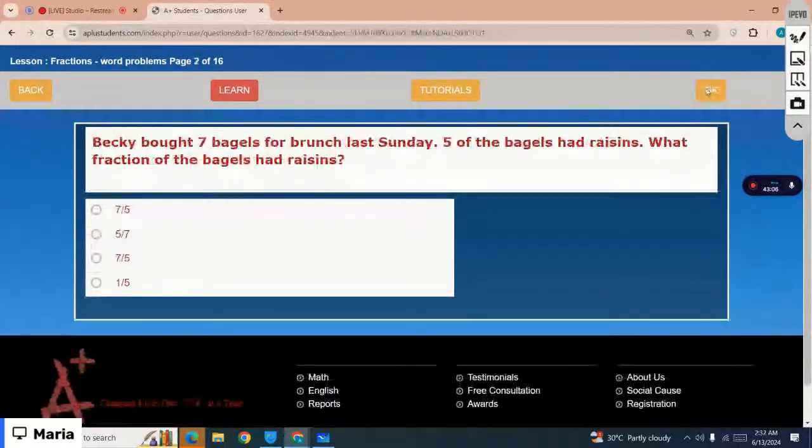Becky bought 7 bagels for brunch last Sunday. 5 of the bagels had raisins. What fraction of the bagels had raisins? So, which is the correct option?